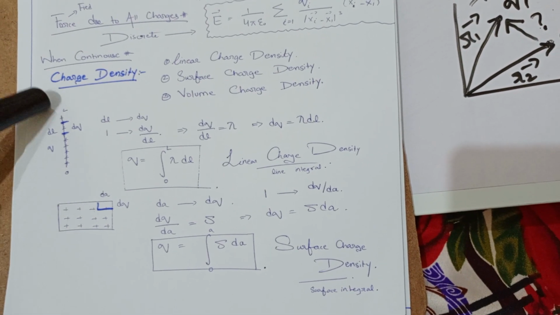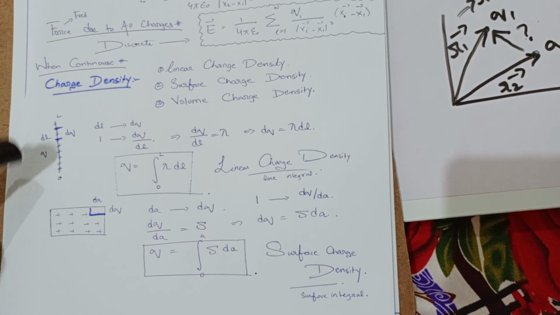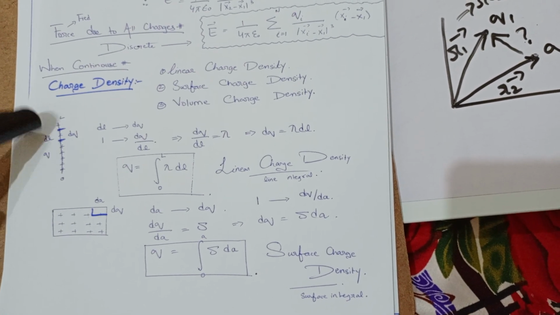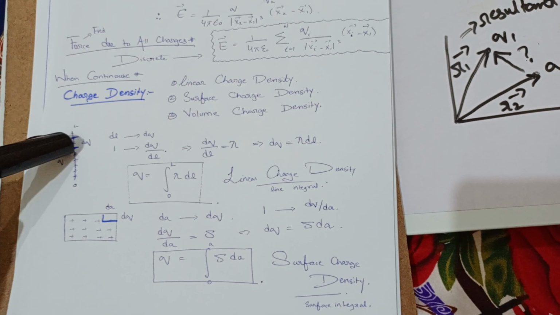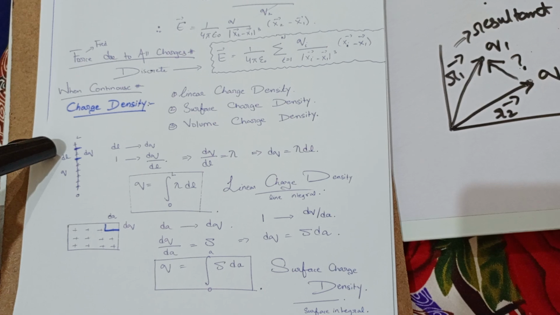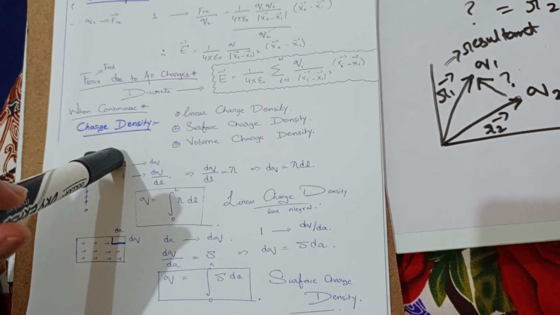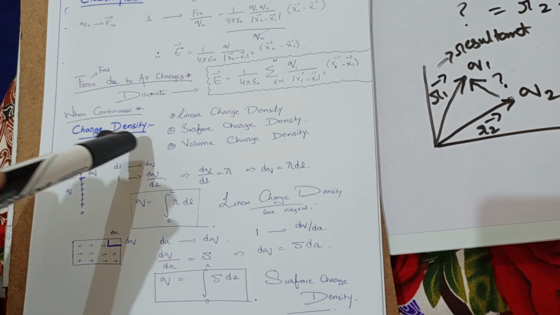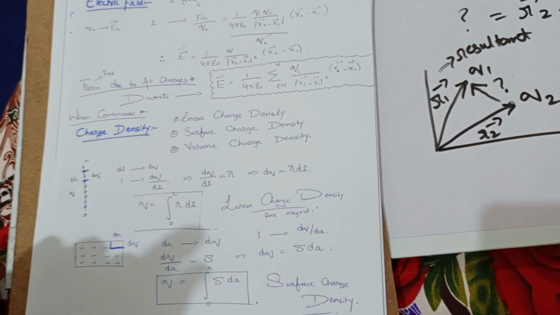You have a linear rod, 0 to L is the length, and you take a patch. The patch has a charge dq and a length of dl. So the length dl has charge dq, and what is per unit length?